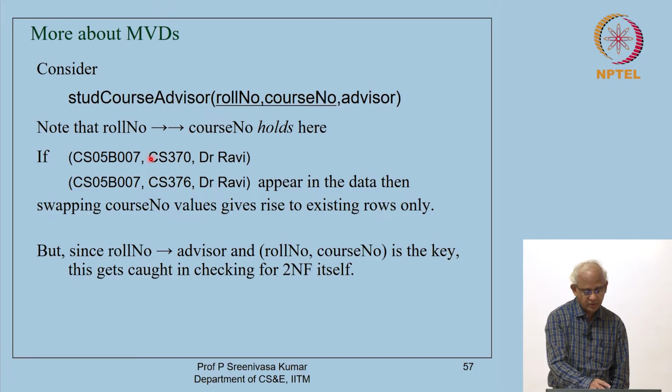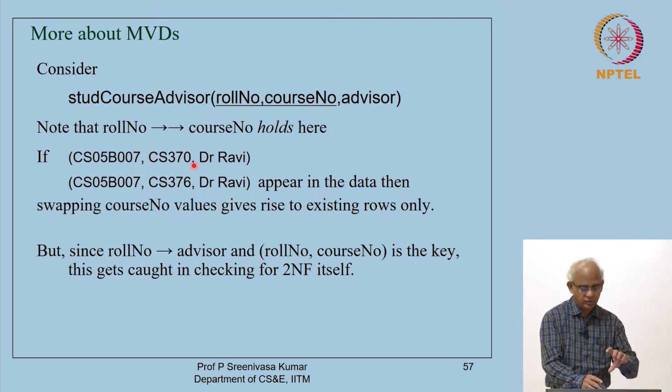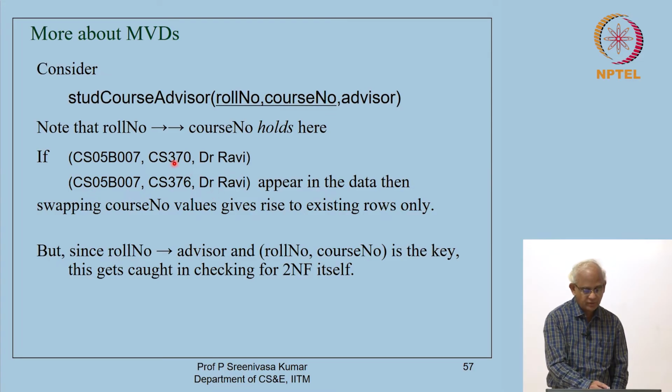If the definition is asking for swapped rows to exist, in fact they do exist. So, in this case it actually holds, but this kind of situation would have been caught early in our normalization process, because roll number determines advisor, and so it is actually a partial dependency here, and this would not have come to a situation where we have to analyze for multivalued dependencies.